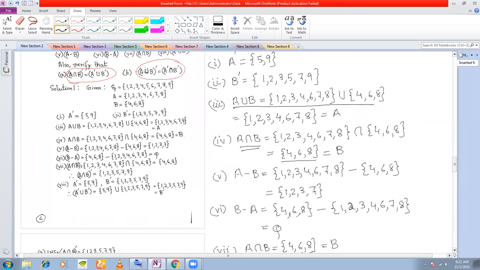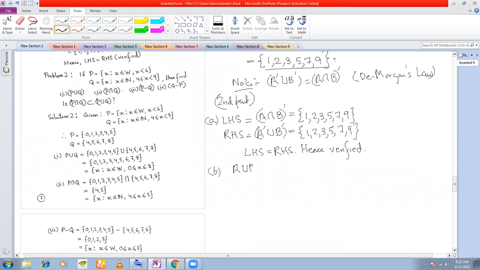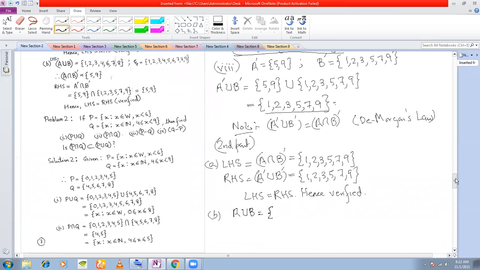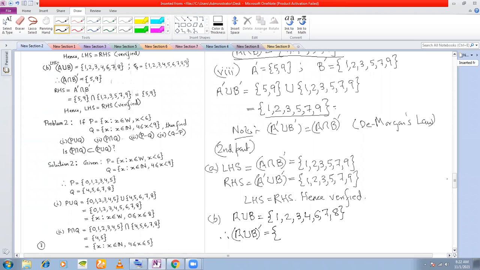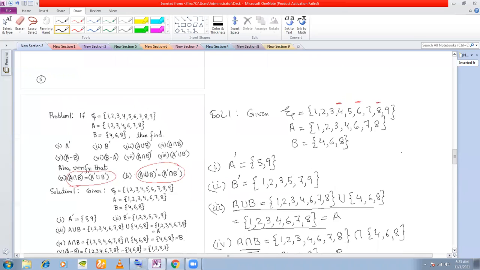A union B is equal to 1, 2, 3, 4, 6, 7, 8. Therefore, what should be A union B complement? All those elements that are not in A union B but are in the universal set. Remove all the elements of A union B from the universal set.